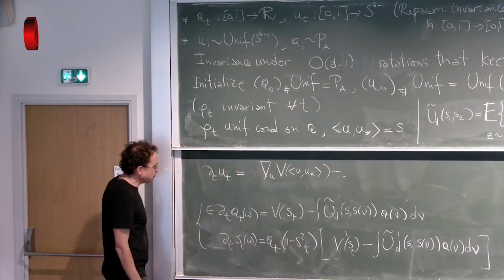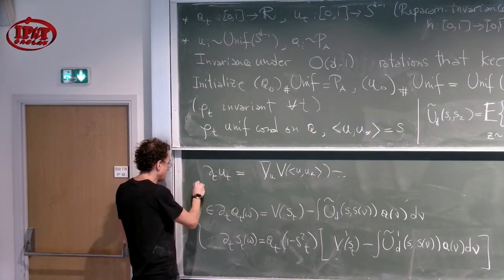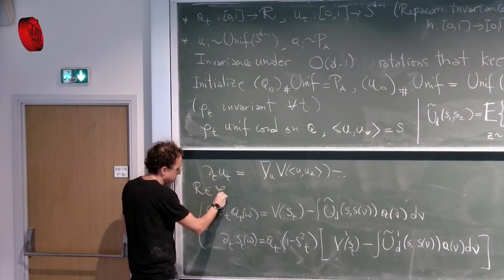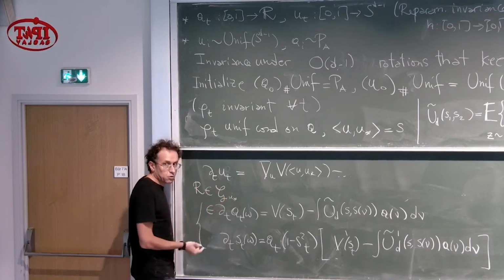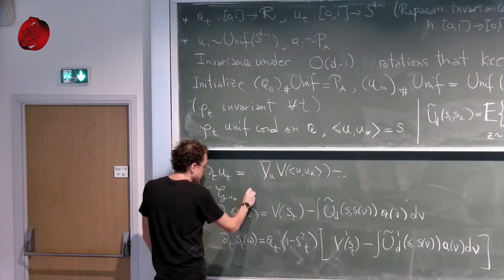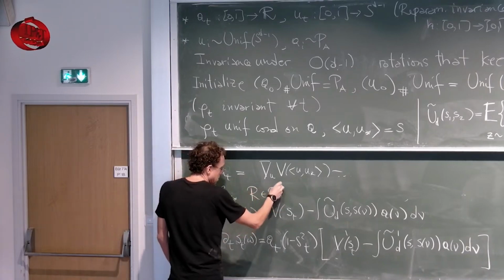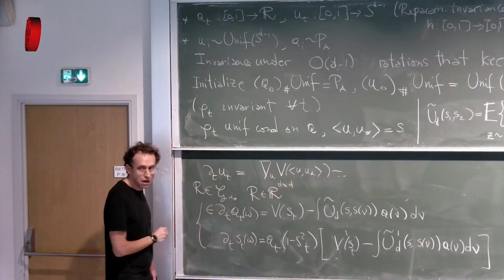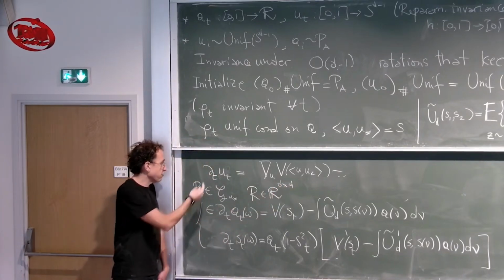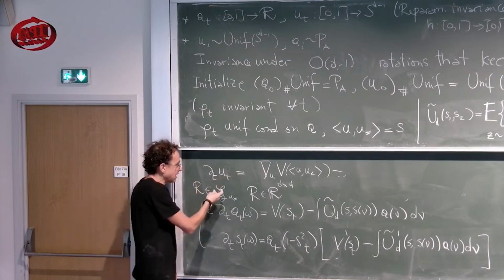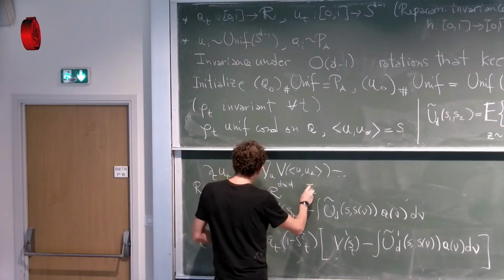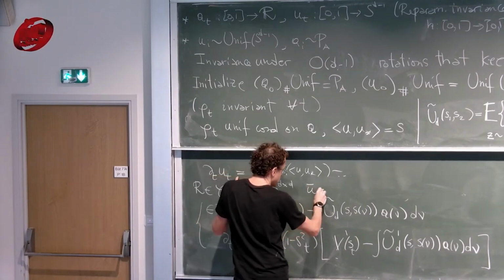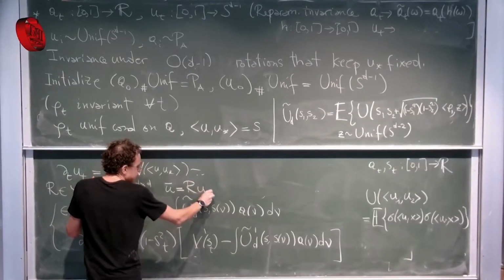What invariance means is that if R is in the group, let's call it G_U star, the subgroup of rotations, so R is an orthogonal matrix that keeps U star invariant, then if this is a solution, U bar equal to RU is also a solution.